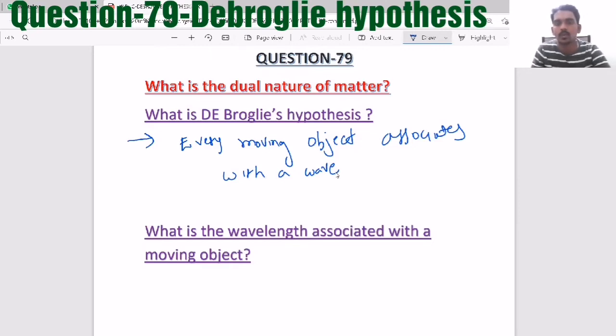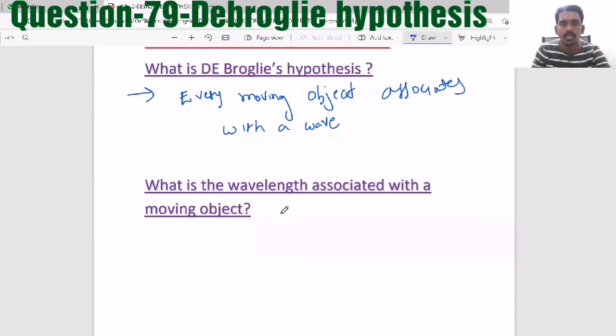That is what de Broglie said, that every moving object has some wavelength. So every moving object is associated with some wave. That means matter has particle nature as well as wave nature. That is the dual nature of matter.